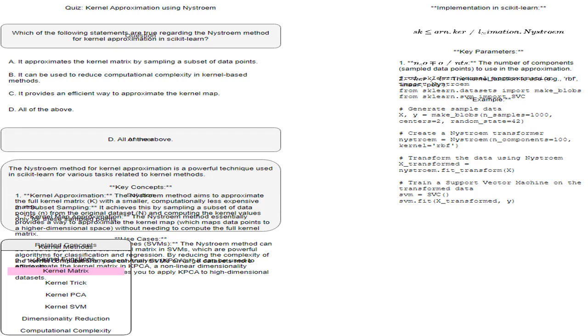Given a dataset of 4 data points x1, x2, x3, x4, the corresponding kernel matrix would be a 4 by 4 matrix. For example, element K13 would represent the similarity between data points x1 and x3 calculated using a chosen kernel function. Kernel trick. The kernel trick is a key concept in kernel methods.